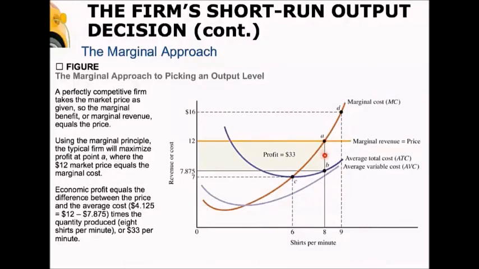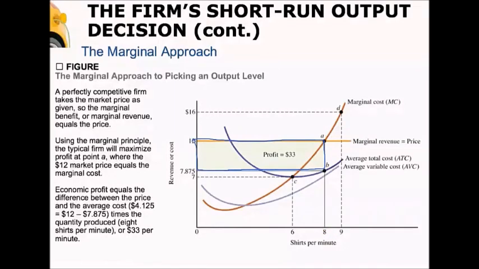It's this distance here. Profit per shirt is that distance. Total profit is that distance times how many shirts are being produced. So it's the area of this rectangle right here. That's total profit, and we can see it's $33 if we're producing 8 shirts per minute.